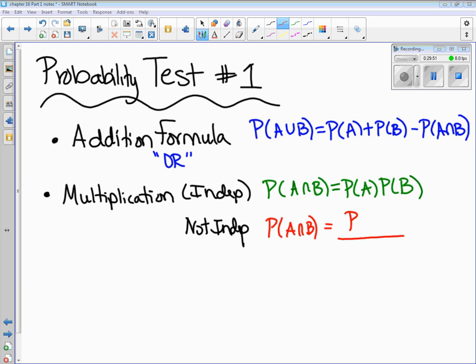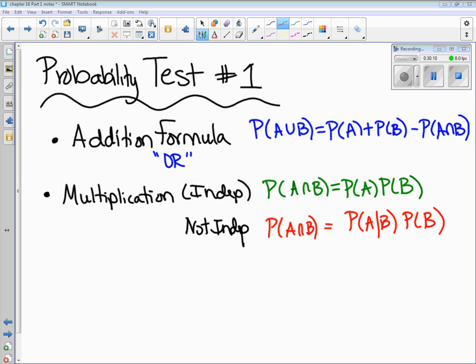Just rearranging this. So it's not really a division, is it? It's going to be the probability of A given B times the probability of B. Right?